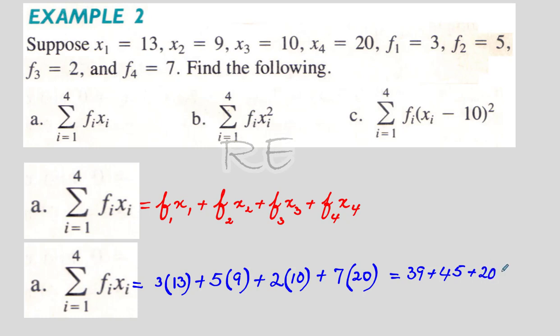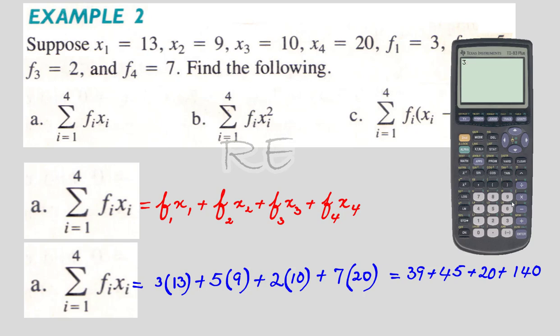And 7 times 20, 140. We'll use a calculator to add them: 39 plus 45 plus 20 plus 140. The sum is equal to 244.